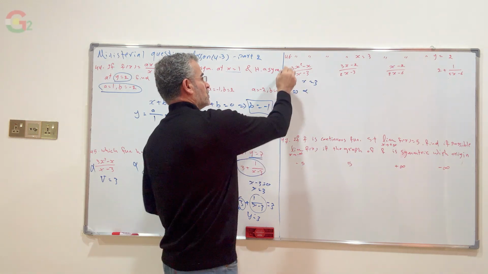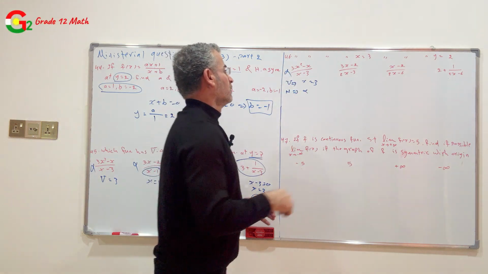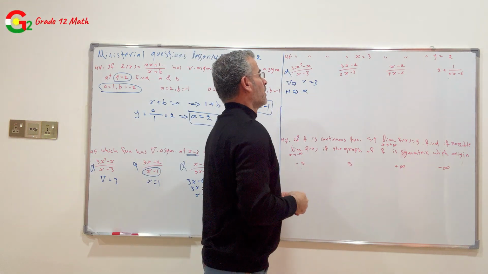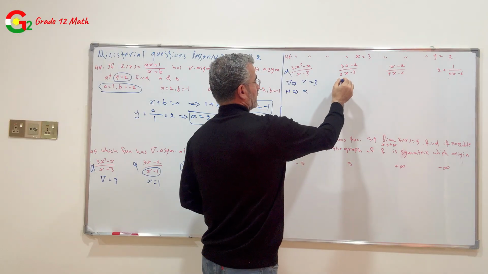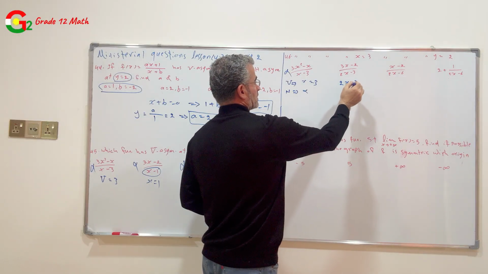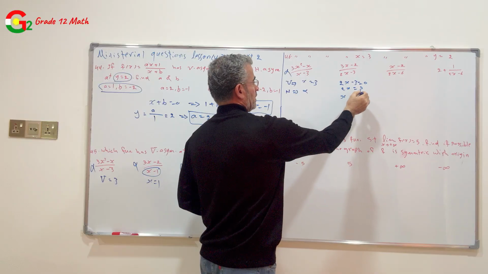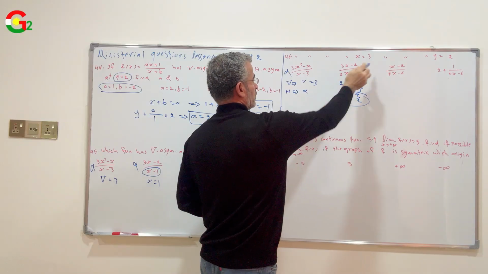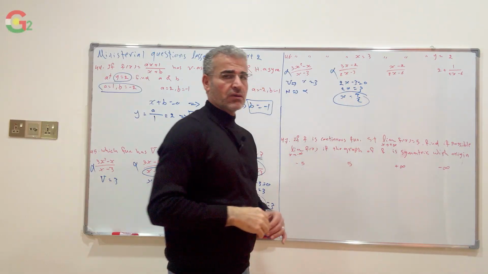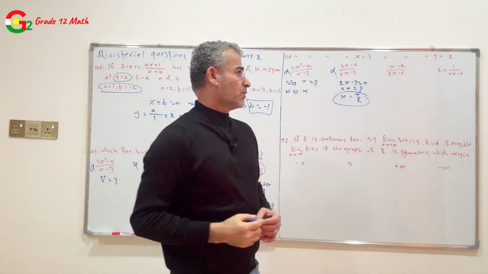Therefore, this choice is wrong. For the second function, the vertical asymptote: 2x minus 3 equals 0, 2x equals 3, x equals 3 over 2 is the vertical asymptote, not x equal 3. So this choice is also wrong.